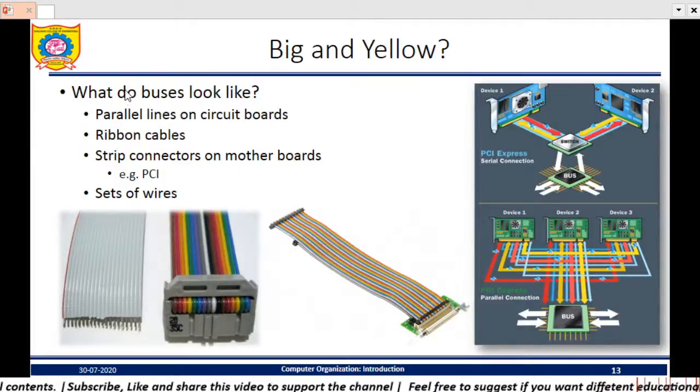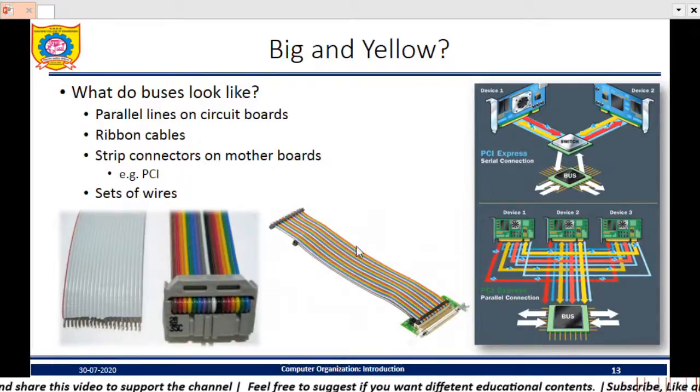Okay, so what does a bus look like? Parallel lines in a circuit board. If this is a circuit board connected to each other, then these connecting lines between circuit boards are called buses. Okay, ribbons are also used, and nowadays SATA cables are used. It is like a very small and flat SATA cable.